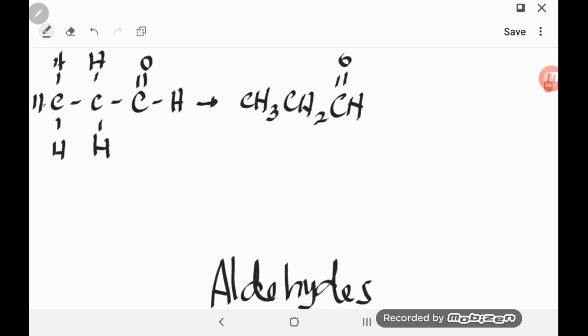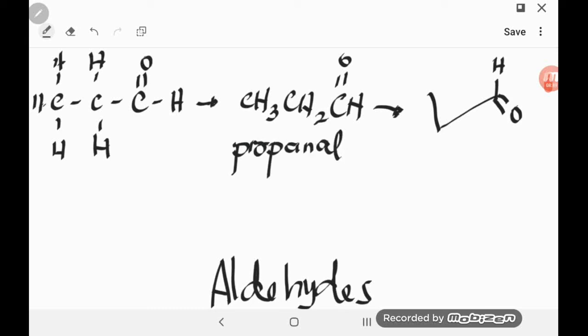And the line structure would be like this. This aldehyde is also known as propanal. Aldehydes are used in embalming, tanning, preparing glues, and polymeric products.